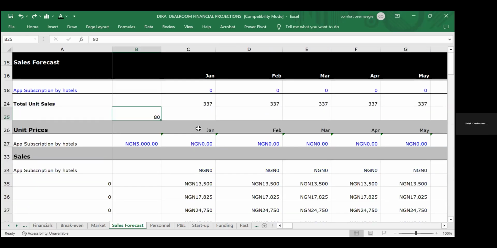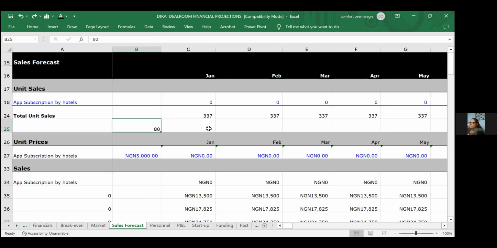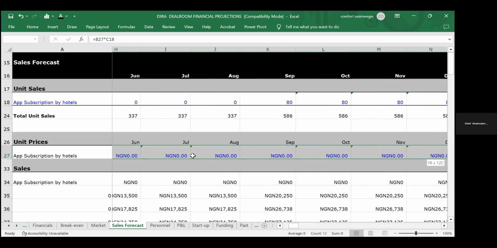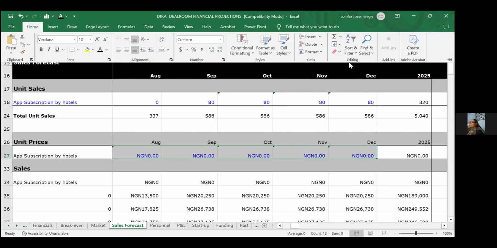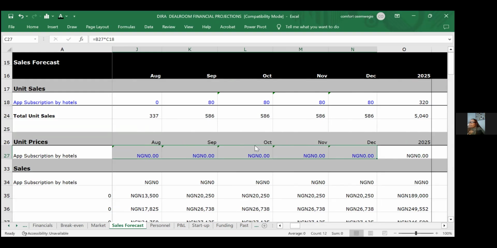There's an error on this sheet. This is equal to this multiplied by this. I should get 0. That should be what I should have. It's still not giving me what I want.